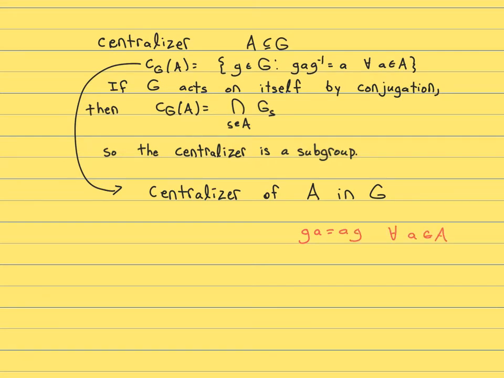So in other words, the centralizer is the set of group elements that commute with every element in your set A.